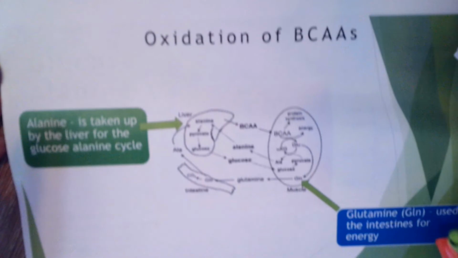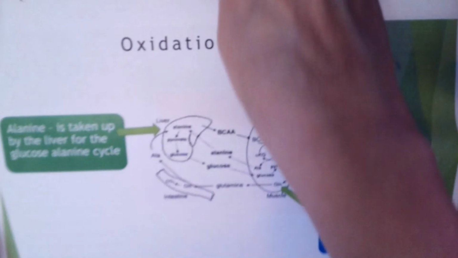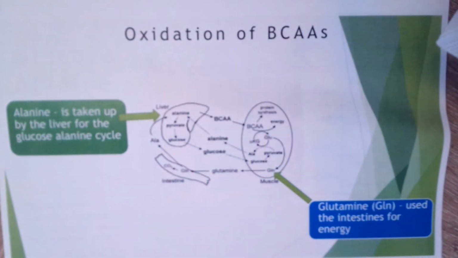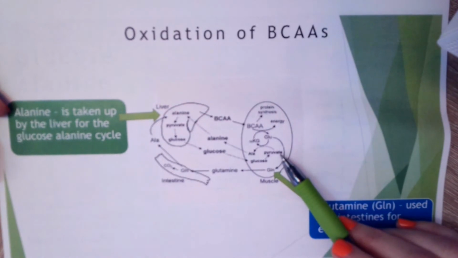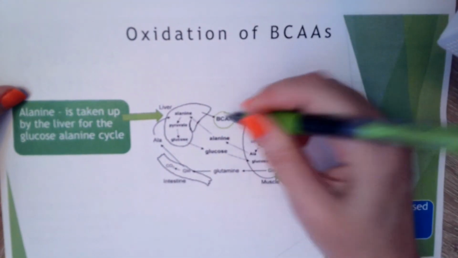Okay, so how do we oxidize our branched chain amino acids? As we are looking at being in the starvation state, we are looking at releasing alanine and glutamine. Remember, these are the two that we are looking to release from the muscle, and they are made from branched chain amino acids.